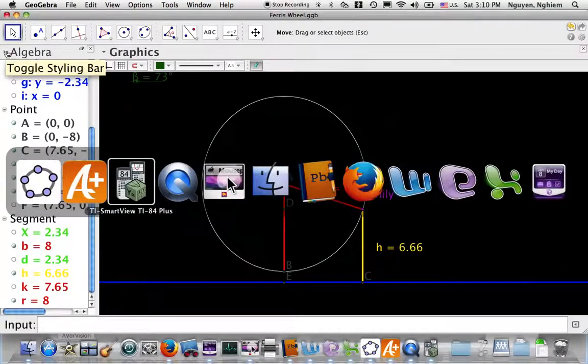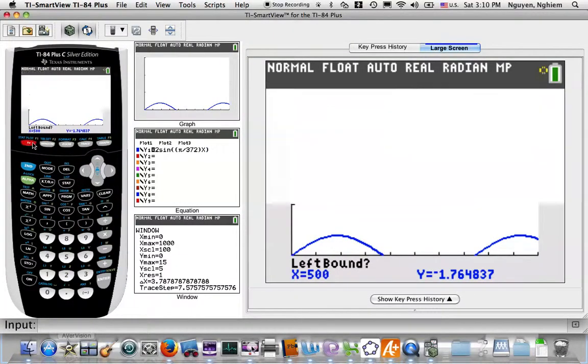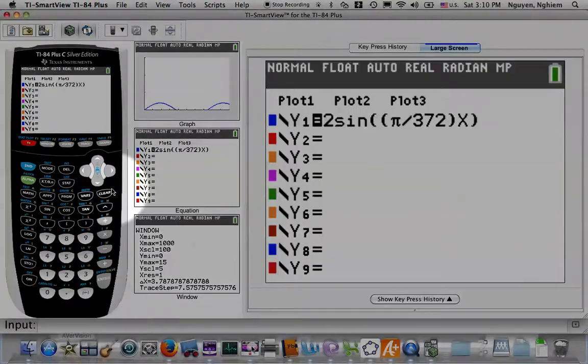You can go into your calculator, hit y equals, and clear everything out there. 8 sine of pi over 10 t, so that's 0.1 pi t, or x in this case, because that's what the TI-84 gives me, plus 3 pi over 2, which is 1.5 pi, and then everything plus 9.